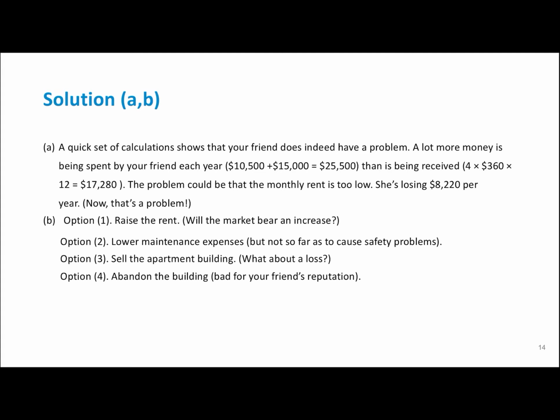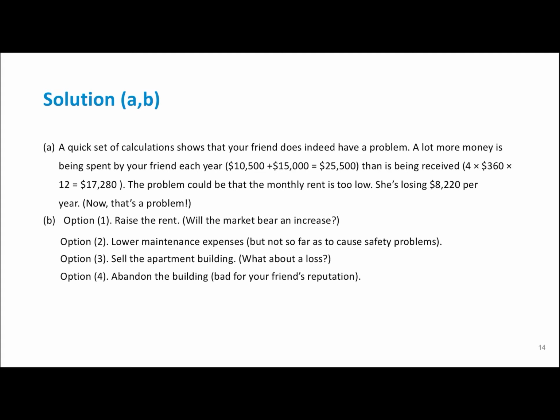Option 2 is lowering the maintenance expenses, but not so far as to cause safety problems. We still don't know whether this is the lowest amount of money she should pay for maintenance or she can reduce maintenance. It depends on safety.